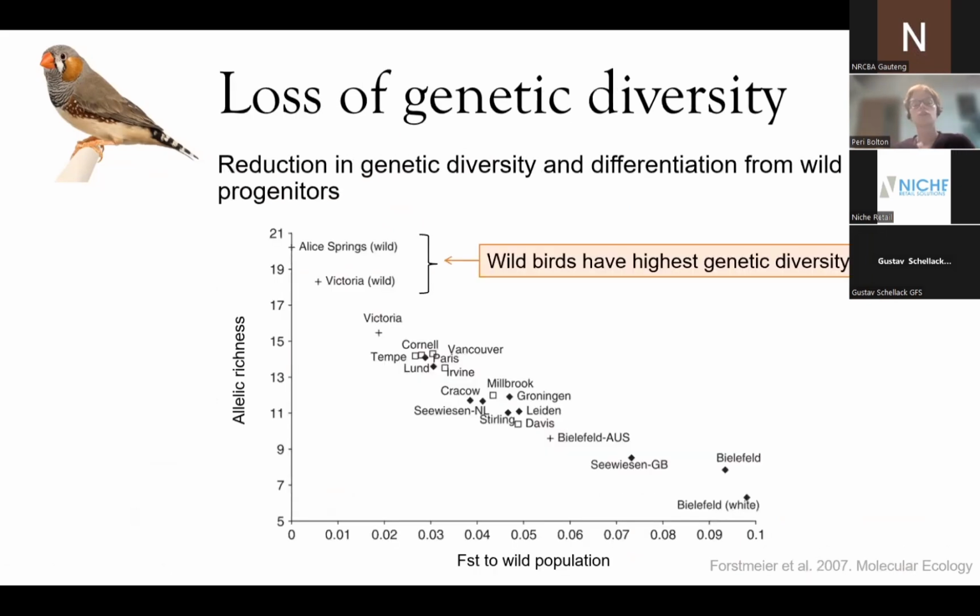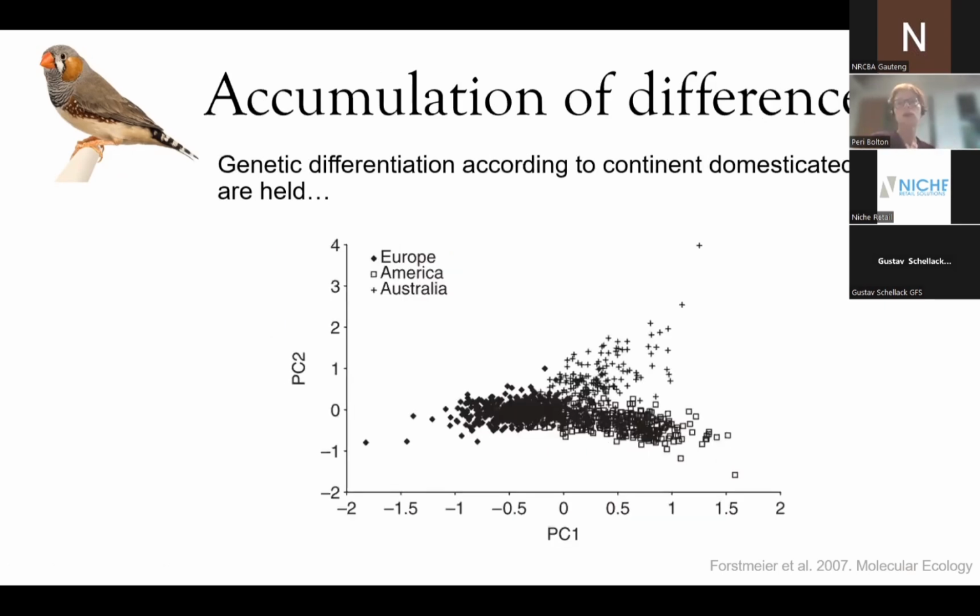We also get a loss of genetic diversity. These are the wild zebra finches, and these are various lab populations of zebra finches across the world. They become more genetically differentiated from their progenitor as they lose genetic diversity, but they also become differentiated from each other.